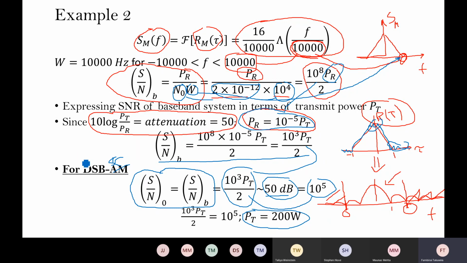If we take music that is being played, the radio station works with a base bandwidth of 15 kilohertz, but depending on what music you're playing, you might have frequencies that go beyond 15 kilohertz.